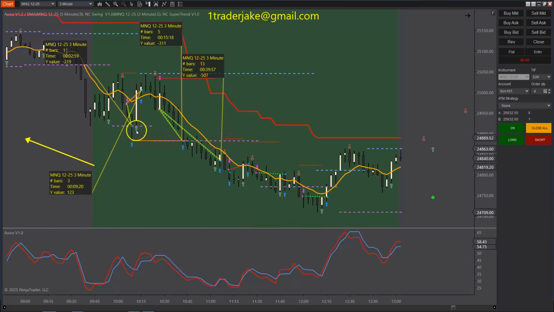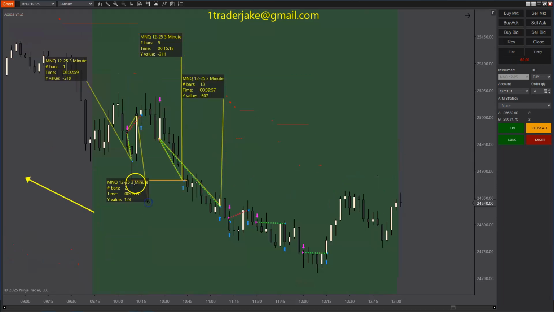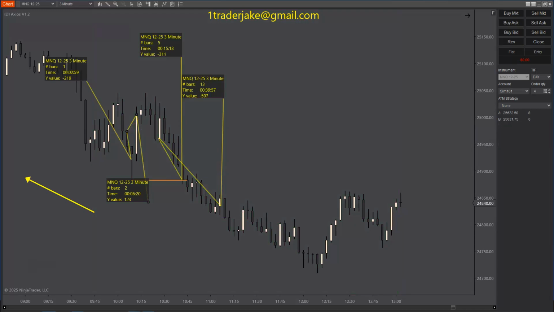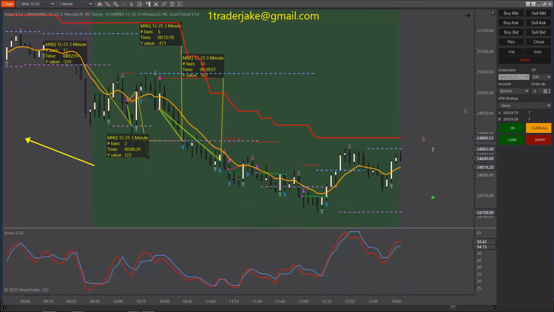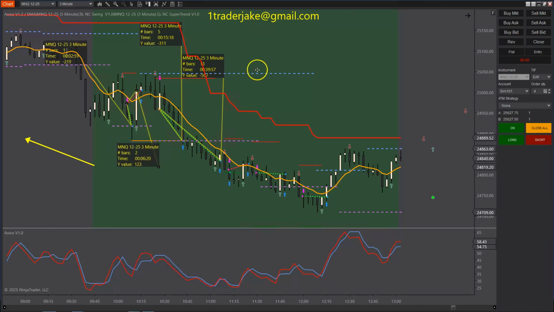You can see we put our green arrow in here, and then we had to exit. It looks like it's on this candle, but it's actually on the close of this candle. So that's the danger, if you will. The upside and the downside, if you will, of having a runner position.